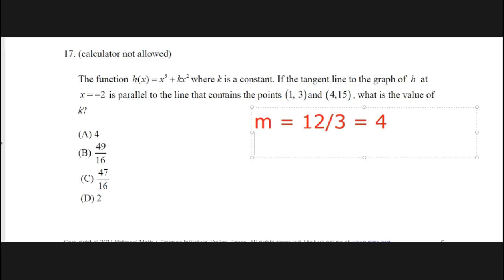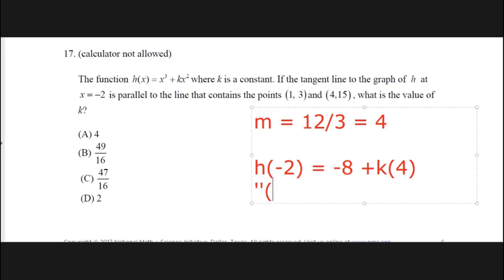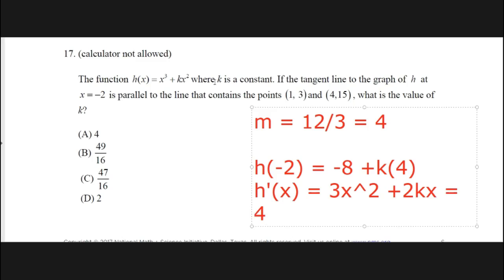I know h, so I want to find h of negative 2. So negative 2 cubed would give you negative 8 plus k times negative 2 squared, which is 4. And then I know that h prime of x has to equal 4.